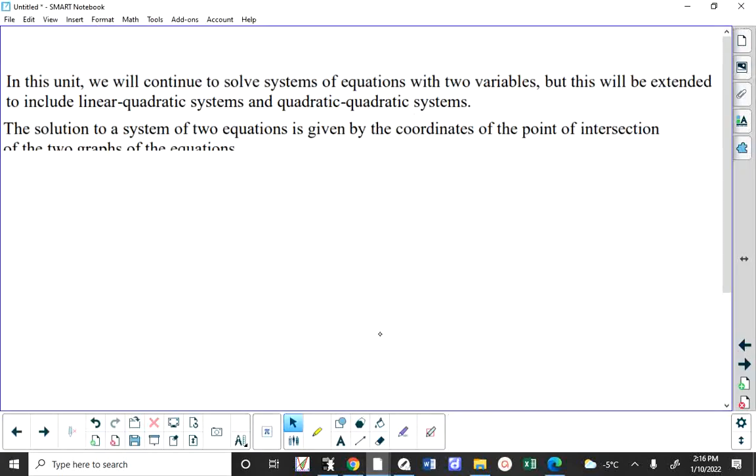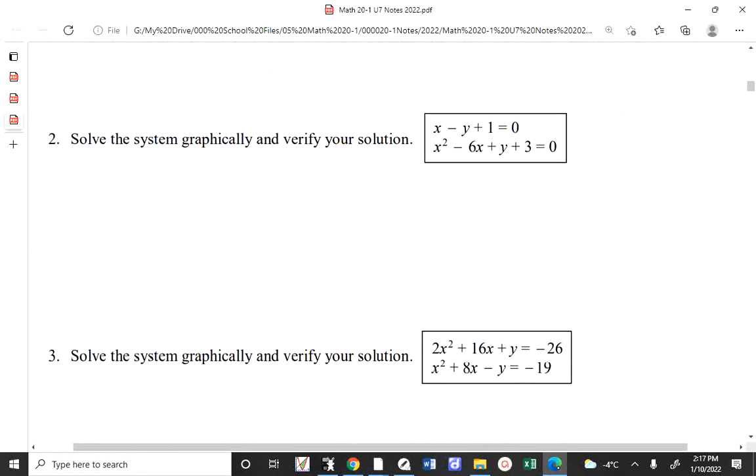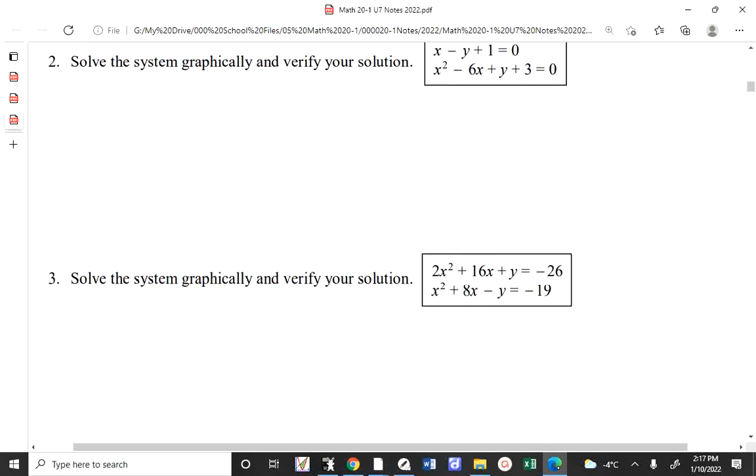If we solve a linear quadratic system, one of the equations will be linear and one will be quadratic. If we solve a quadratic system, the two equations will each be quadratic. So, just looking ahead, example 2 is a linear quadratic system of equations. Example 3 is a quadratic system of equations.